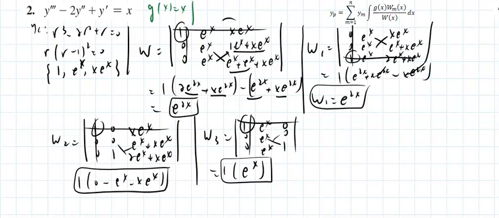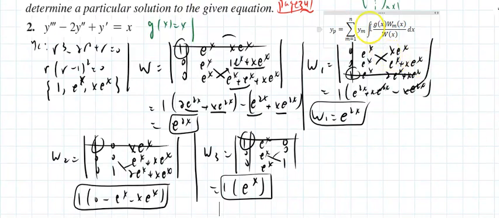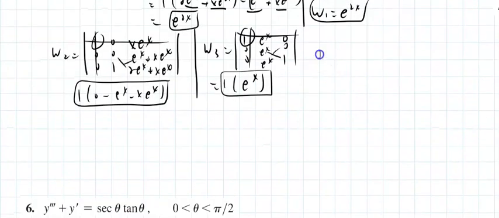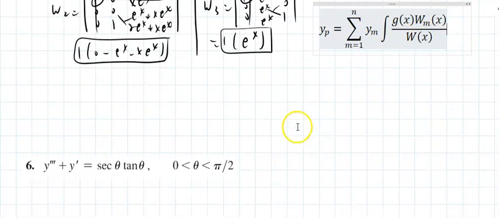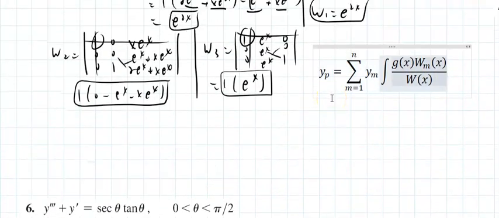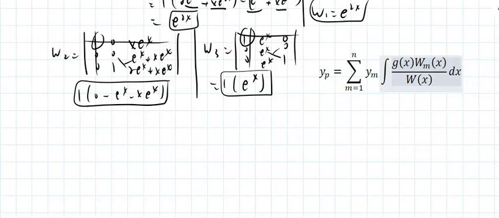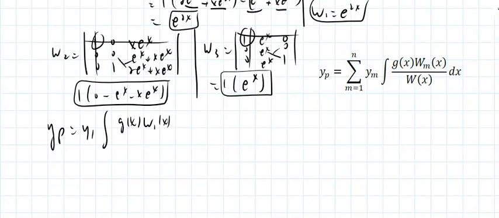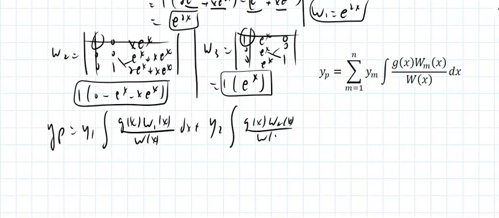And now I could say, according to this formula, the particular solution is going to be y1, so you plug 1 in, y1 times the integral of g of x times w1 of x over w of x dx, plus let m equal 2, y sub 2 times the integral of g of x, w2 of x over w of x.